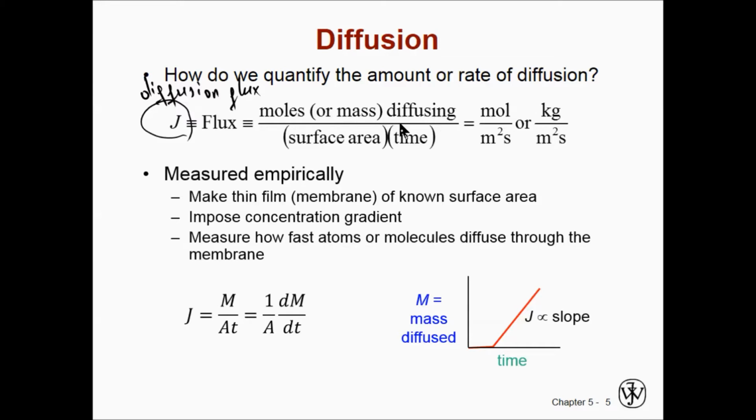We are diffusing some material, some mass, and that mass will diffuse through a certain area during a specified time. That is the rate of diffusion. If you look here, diffusion flux equals the mass over area multiplied by time.